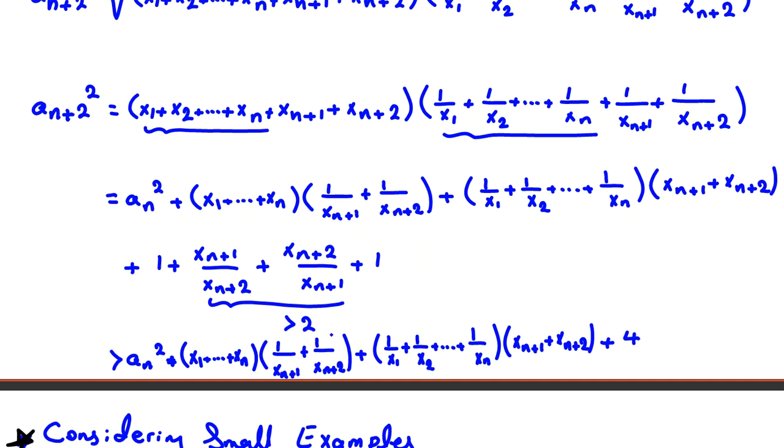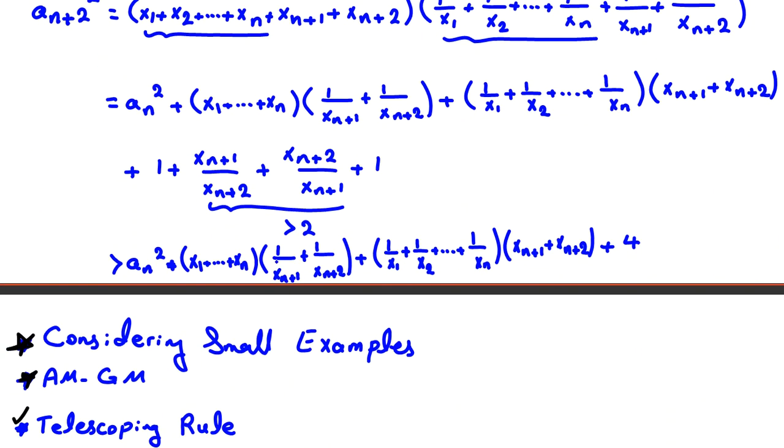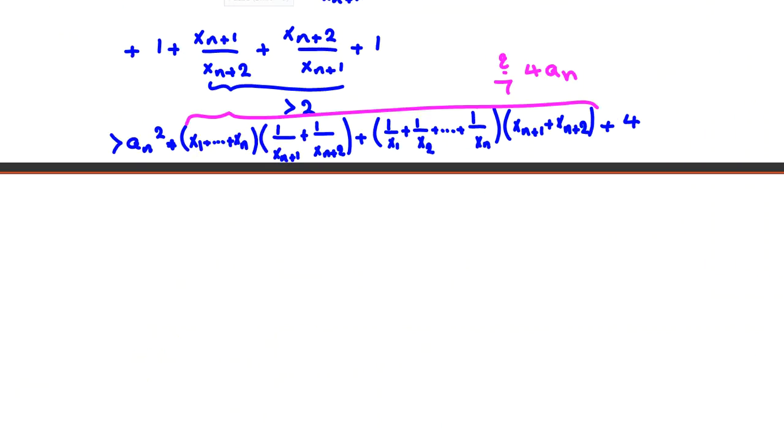So as you can see, we have A_n squared, we have 4. We only need to prove 4A_n. If I prove this part is at least 4A_n, the problem will be solved. For these problems, it's good to work a bit on the sentence, a bit on the assumptions.